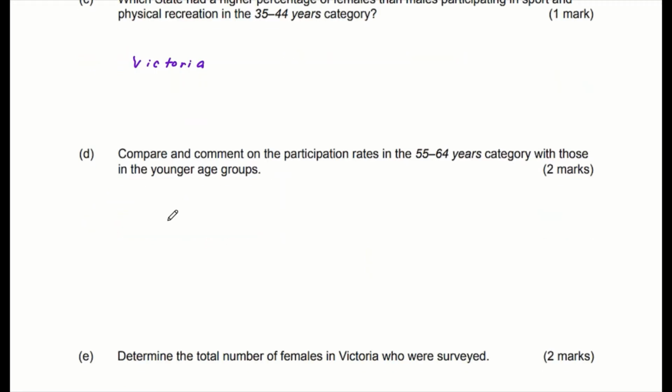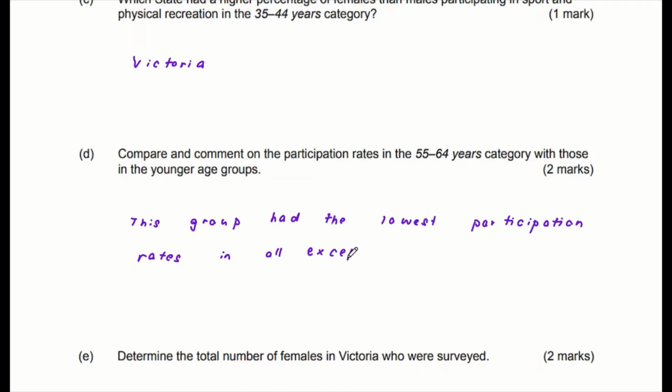Okay, so try to understand what I meant just now. So this group has the lowest participation rates in all, except the male in the 45 to 54 years in Victoria.